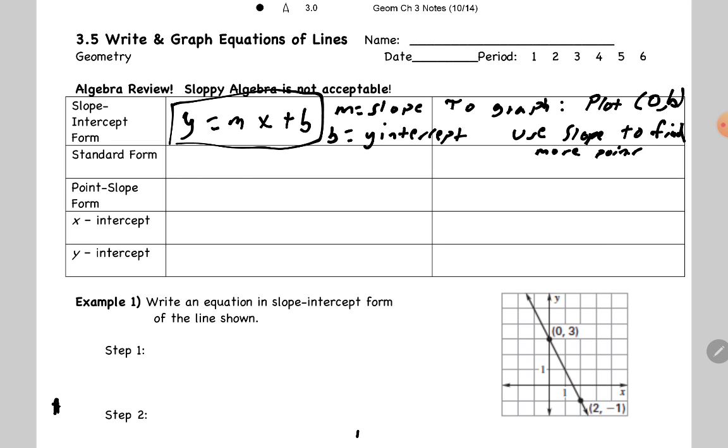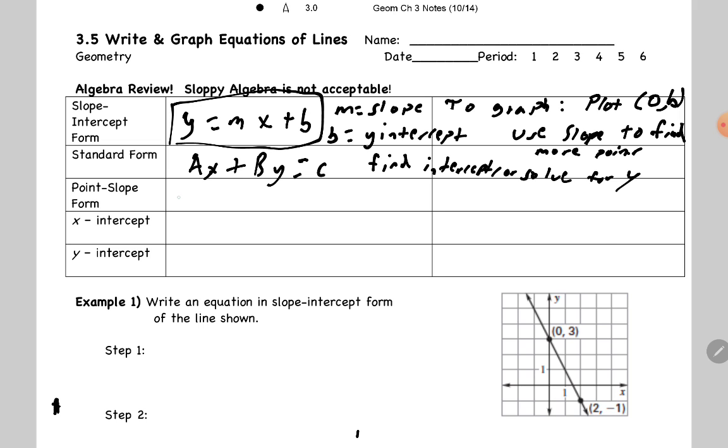The standard form, ax plus by equals c. So you can either find intercepts or solve for y. And then we have point slope form.